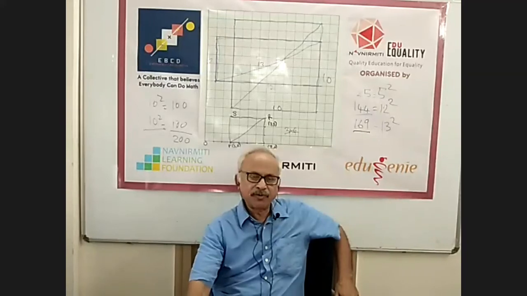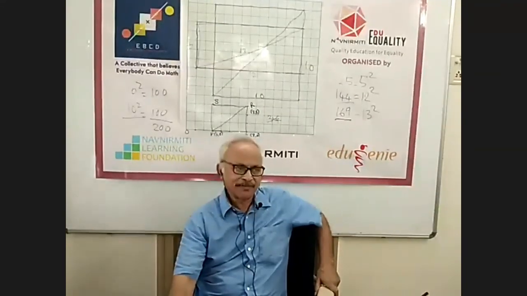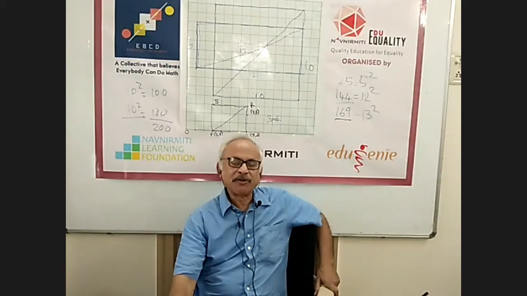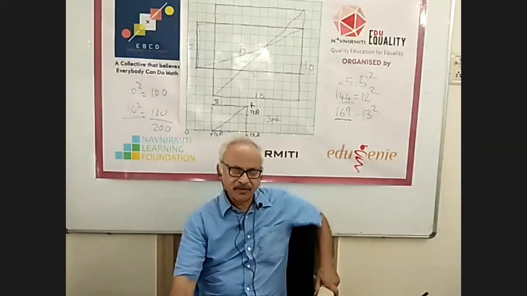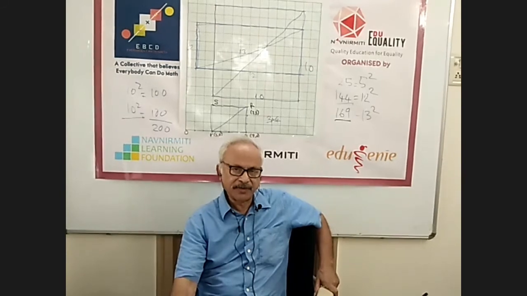Now let me give you some problems for homework. The first problem is: draw a rectangle with one side as 6 centimeters and the other side as 7 centimeters.